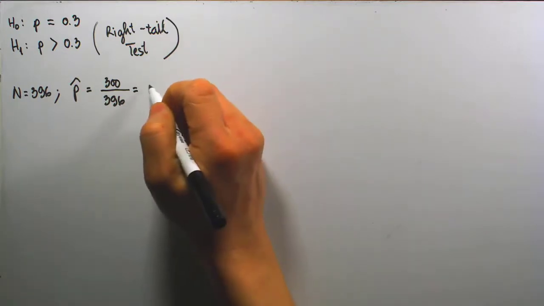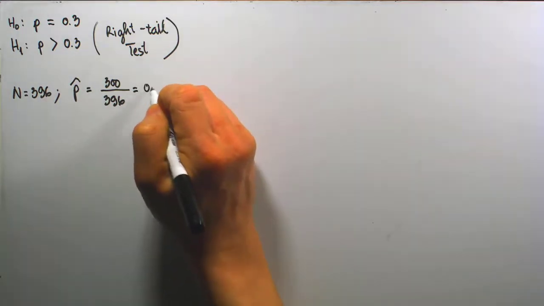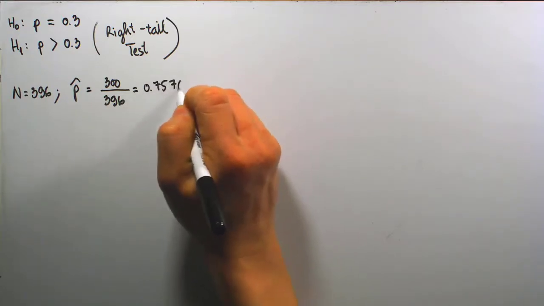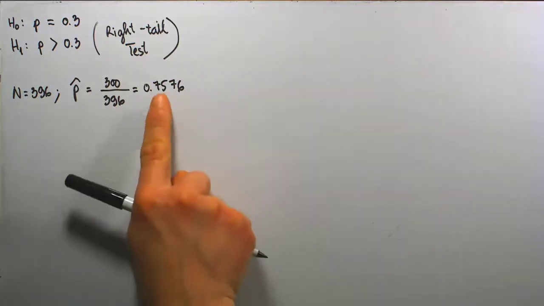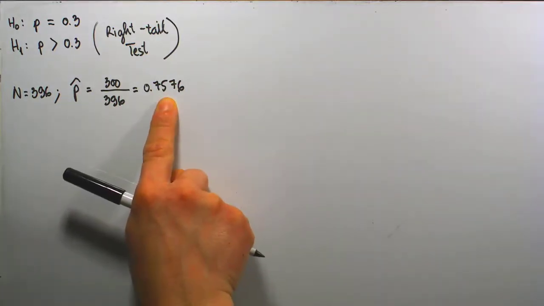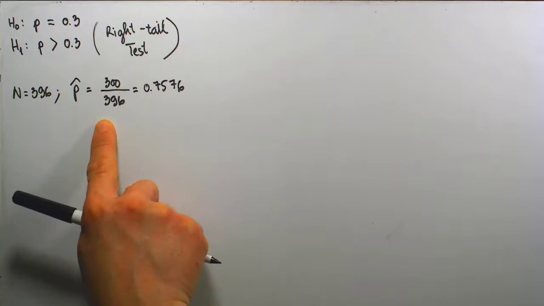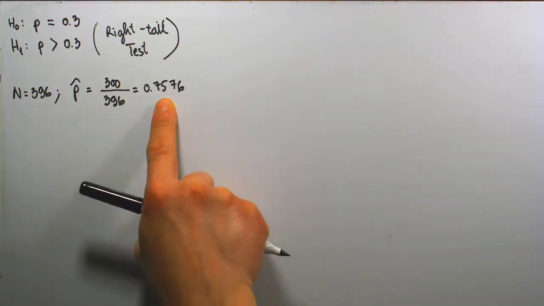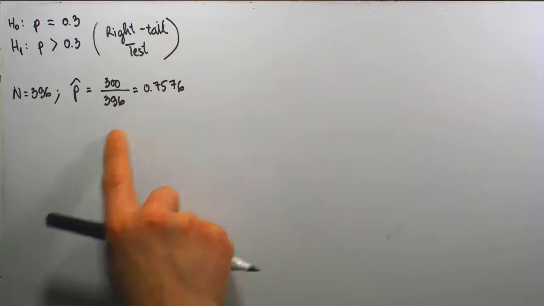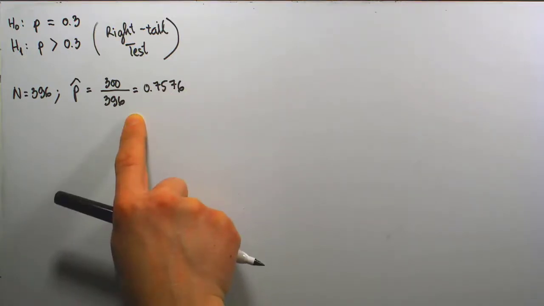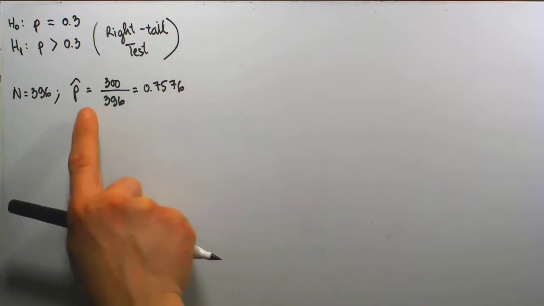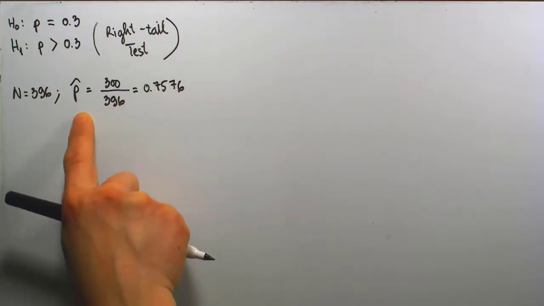My calculation came out to 0.7576. So this is the proportion of iPhone users in this sample. Take note that in this lesson I rounded this sample proportion to 4 decimal places, but do watch out for your rounding requirements in each problem that you're doing.